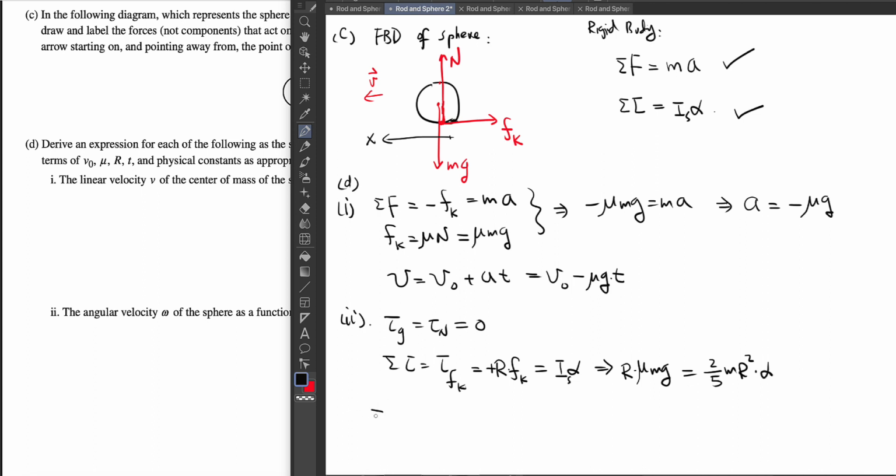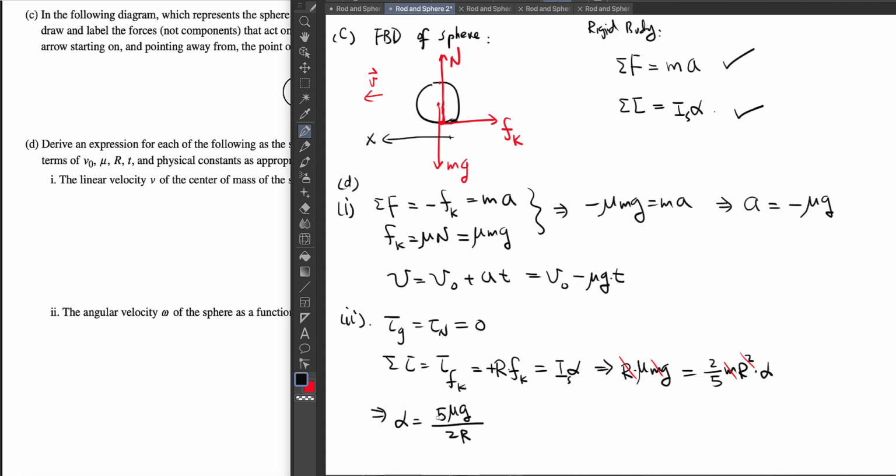So we can calculate the angular acceleration alpha equals 5 mu g. This R will cancel out with one of these R's here, and m also cancels out, so alpha equals 5 mu g over 2r.